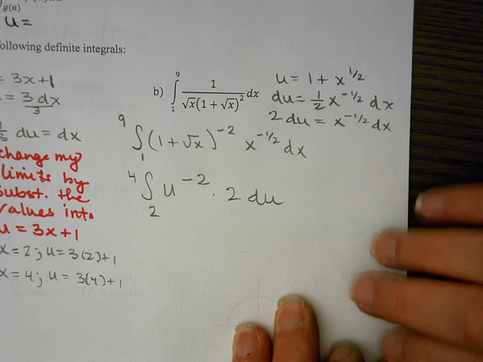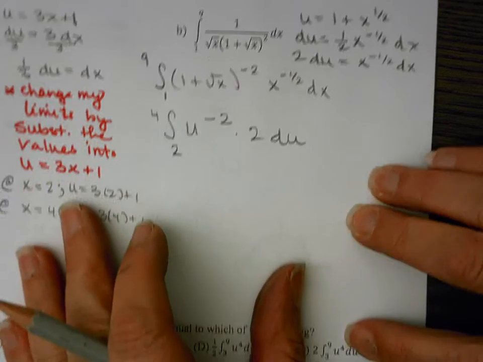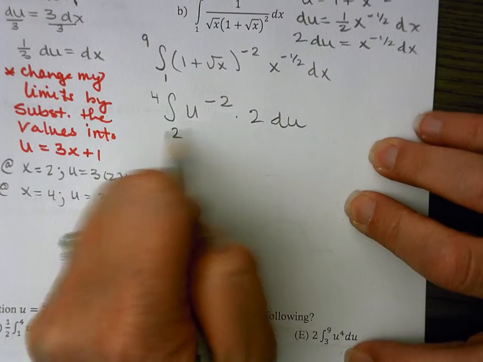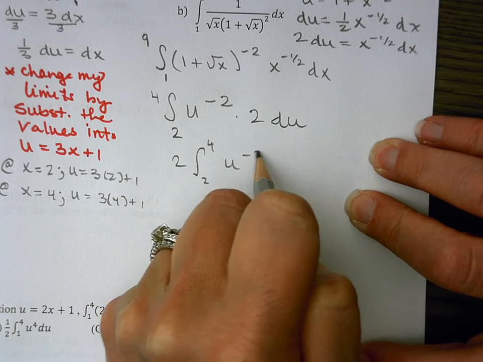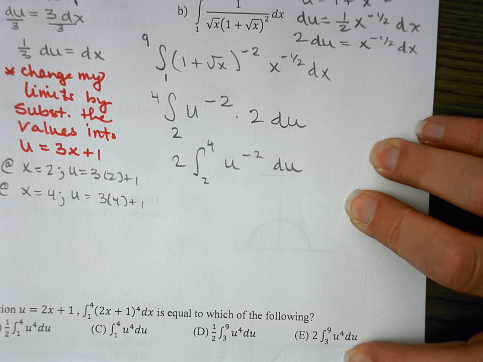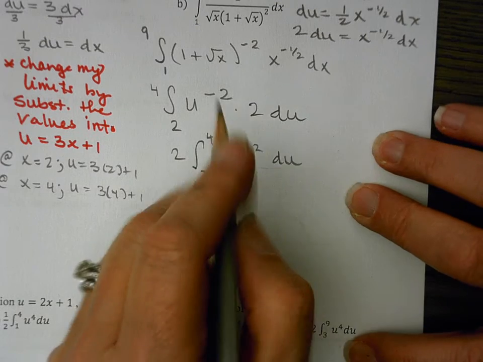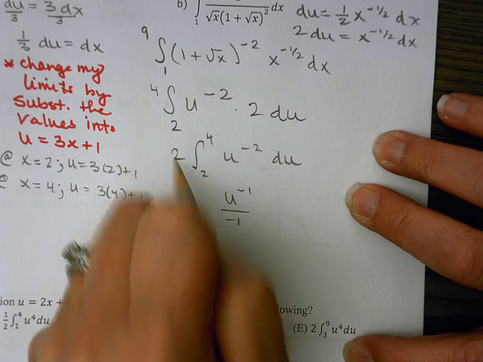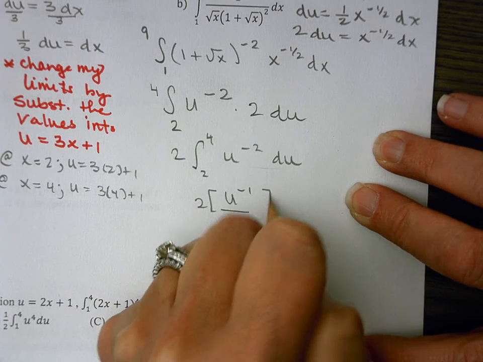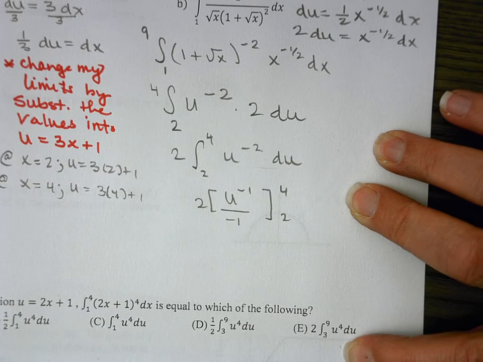Okay, so again, all I did was take the 1 and the 9, replace it for x, and then solve for u. Okay, so then let's do a little rewrite and power rule. So I'm going to pull that 2 out to the front. And then I'm going to add 1 to the power and divide by the new power. So that would be u to the negative 1 divided by negative 1. And then again, I have that 2 there. And then I'm going from 2 to 4.